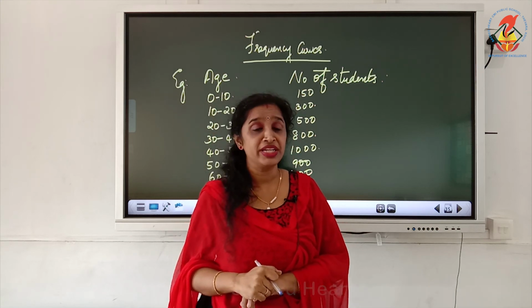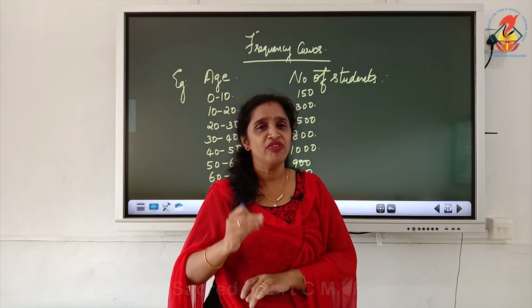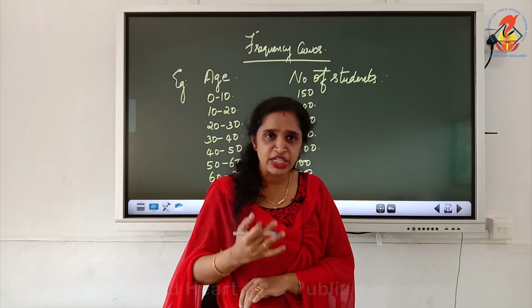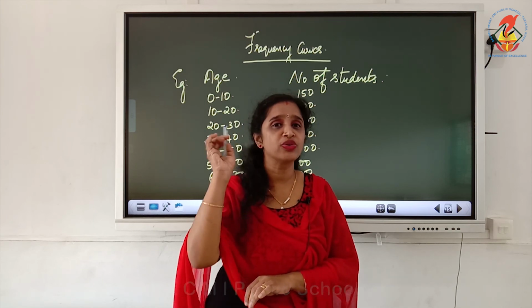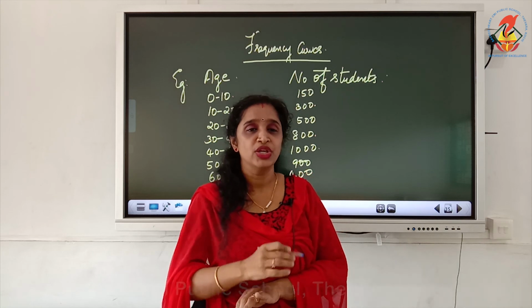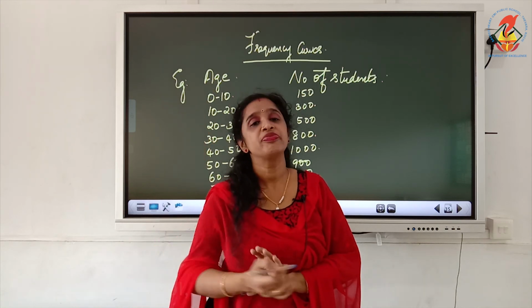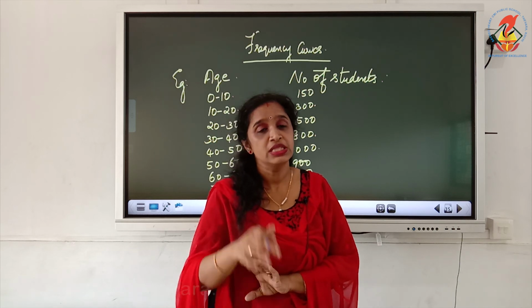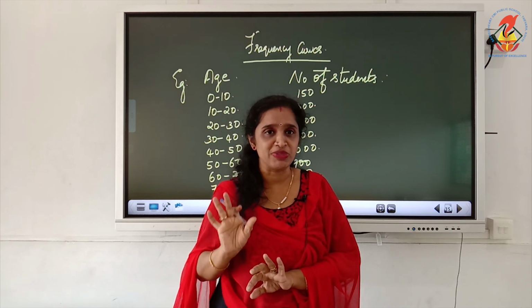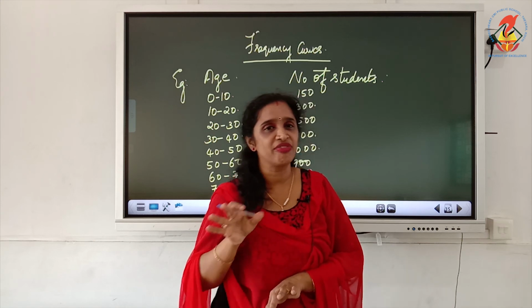But in a frequency curve, we need not use a scale. Instead of that, you can join those midpoints of the bars using a free hand. So, it will be a free hand smooth curve. That is known as a frequency curve. This is the only basic difference between a frequency polygon and a frequency curve.